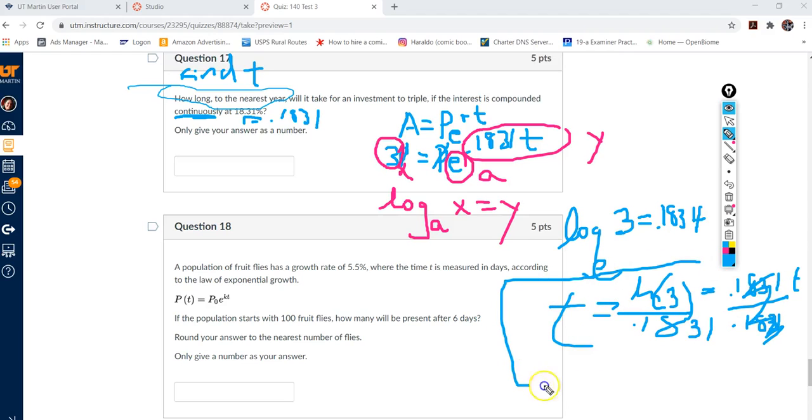So I'm going to put that in my graphing calculator, but then it said how long to the nearest year. So I have to put ln of 3 divided by 0.1831 into my calculator.